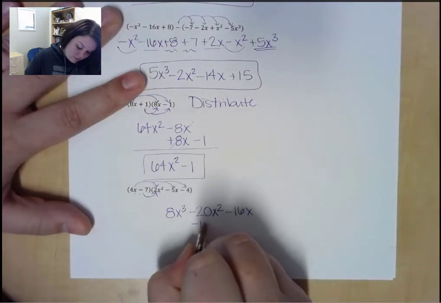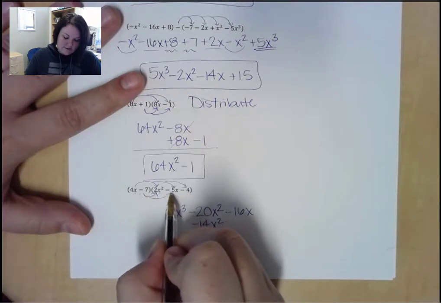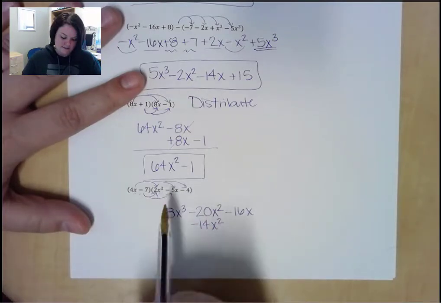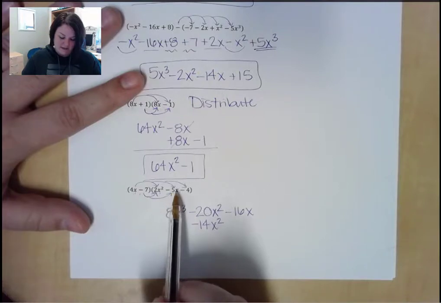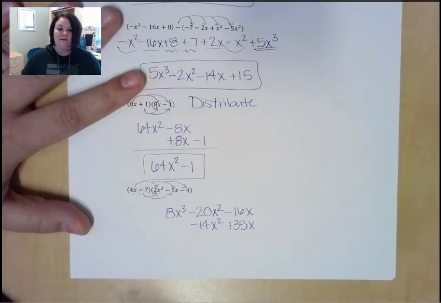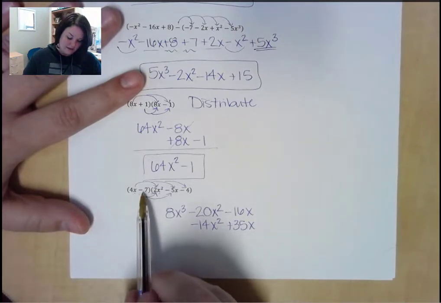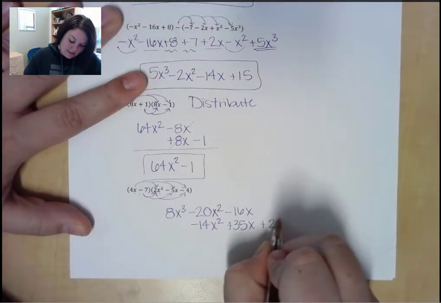So -14x squared, and then -7 times -5x. -7 times -5 is +35, and we have an x, so +35x. And then I distribute my -7 over to my -4. -7 times -4 is +28.